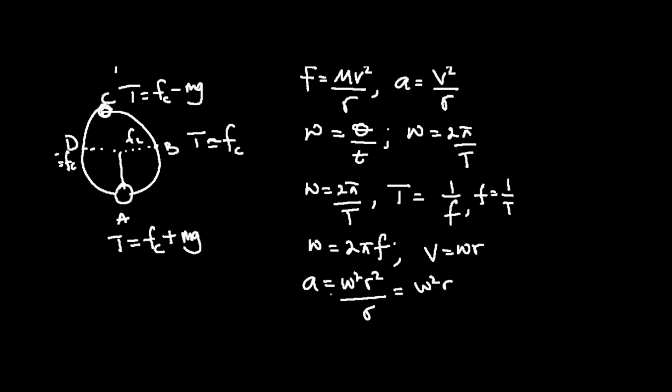That's for our centripetal acceleration, and therefore centripetal force can become m omega squared r. So we can use this to calculate our centripetal force. I think all these equations will be very useful. And don't forget that frequency can be the number of revolutions over time.